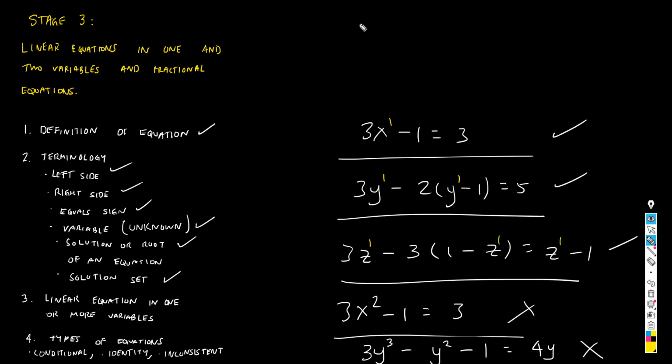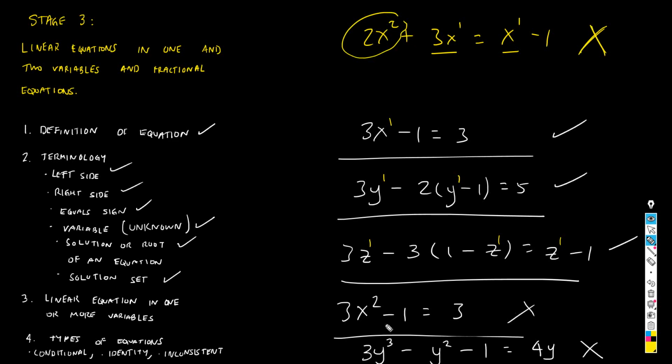Okay, if you have something like this, 2x squared plus 3x equals x minus 1, even though this one and this one are raised to the first power, as long as one doesn't satisfy that requirement, then this is not a linear equation. All of the variables have to appear raised to the first power.